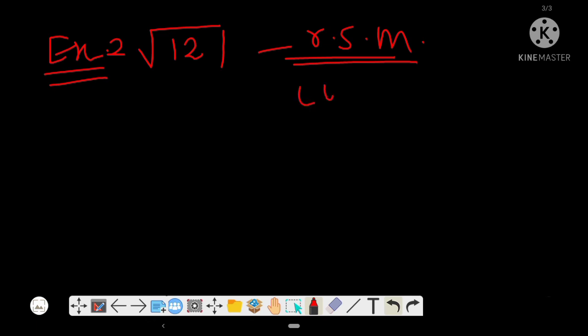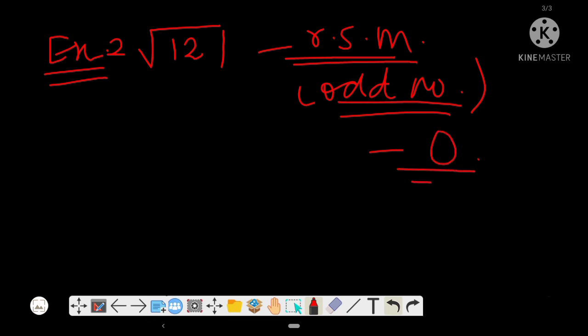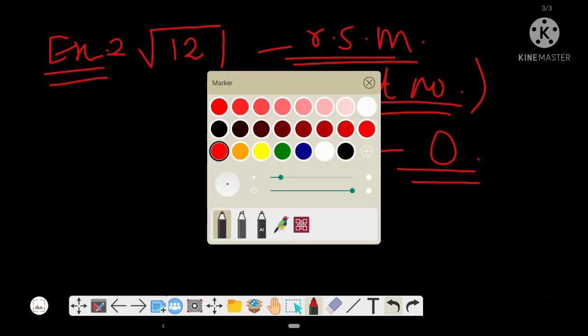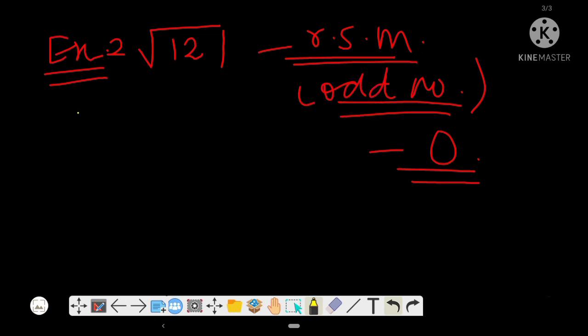So we subtract increasing odd numbers until we get 0. When we get 0, we stop, and then we count how many steps we took to get 0, and that number of steps would be the square root of that particular number. So 121 is our question. Now, how to solve?